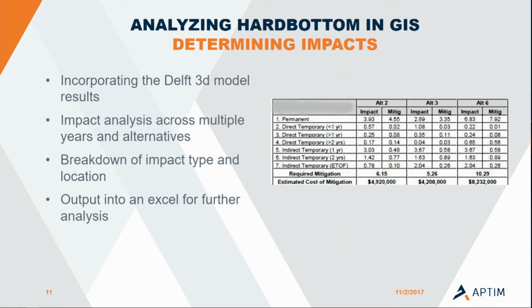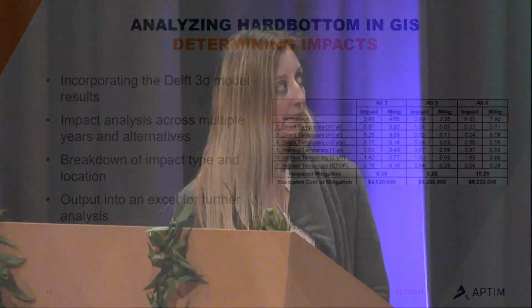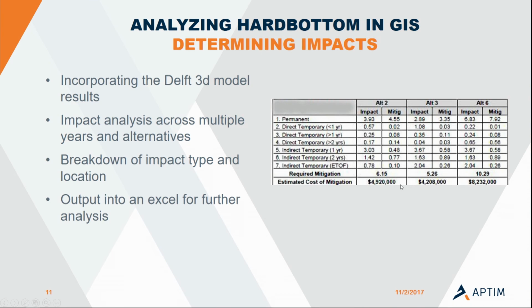Once they did their magic in the marine biology cell and came up with a time average, they fed it into UMAM, and they were able to look at the different types of impact and determine how much hard bottom you actually had to mitigate for, which in turn allowed us to estimate a cost of mitigation. And again, that was over several different alternatives. So you can see, based on the alternatives, these costs can vary slightly or significantly.